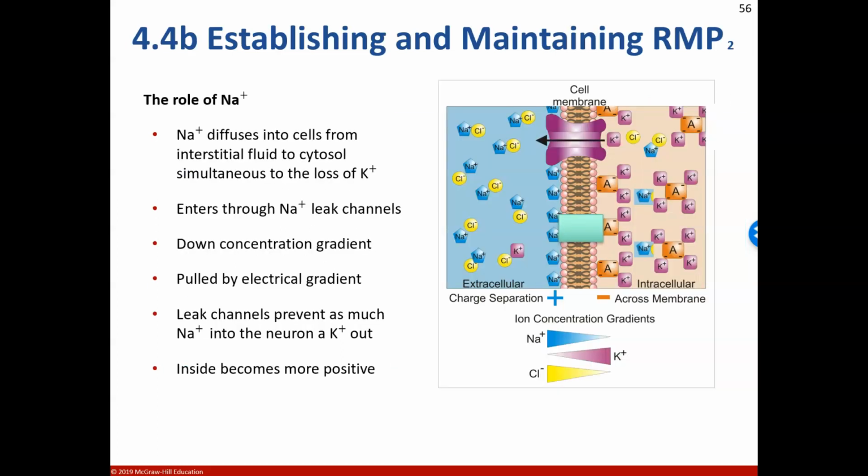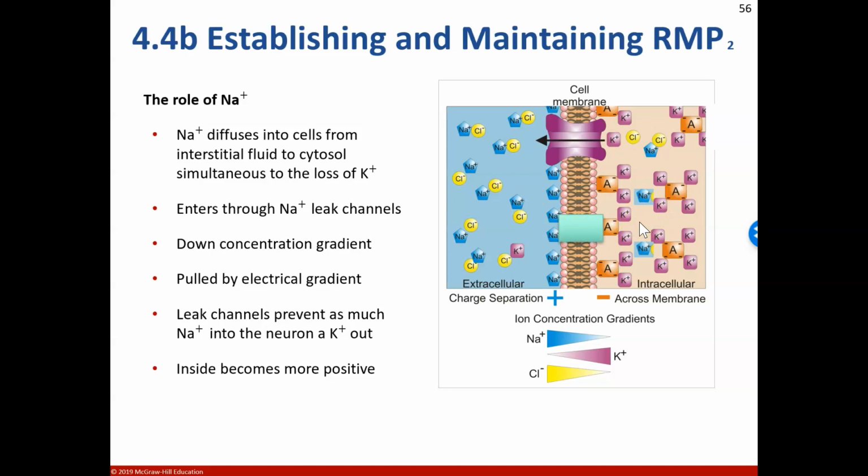Sodium is moving through sodium leakage channels, which is what's represented by this rectangle over here, and it's moving down its concentration gradient. We have a high concentration of sodium outside the cell, and it wants to move to an area of low concentration, and it's pulled by the electrical gradient, right? Sodium is a positive ion, and it is attracted to the negativeness inside the cell.